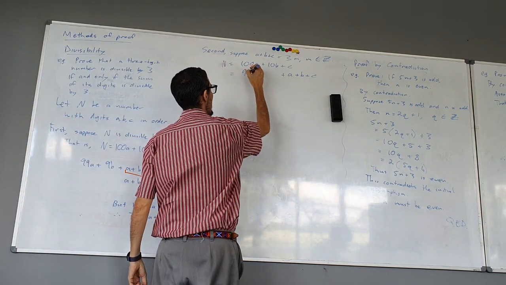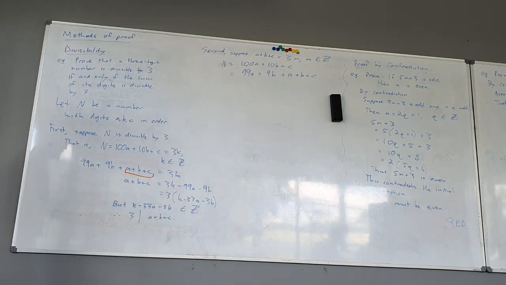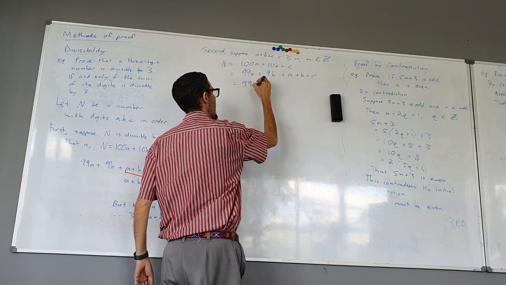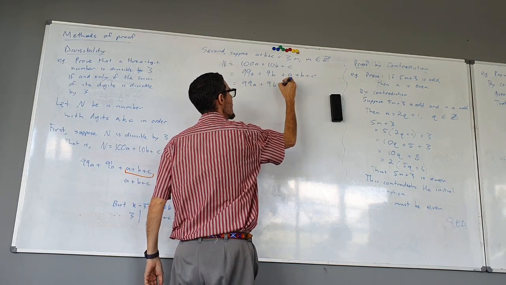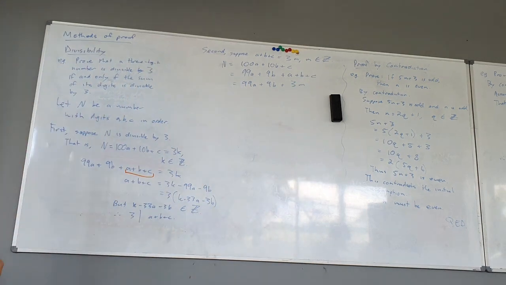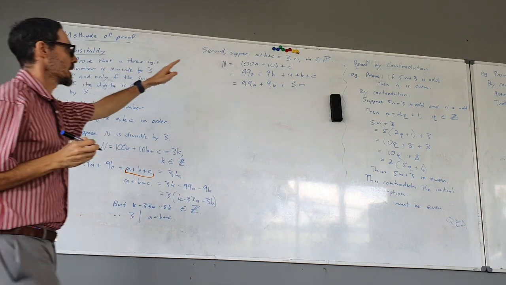I have 99a and 9b, plus 3 times something, using my assumption up here.